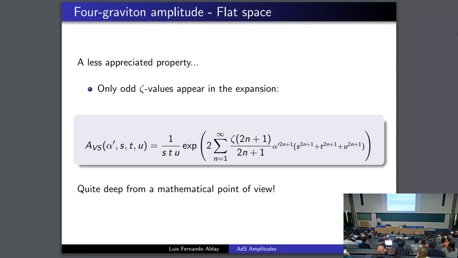Zeta 3, zeta 5, zeta 7, never the even ones, okay? And actually there is a beautiful representation of the Virasoro-Shapiro amplitude, which is given by this exponential, and in this representation it's fully clear that only odd zeta values appear, okay?